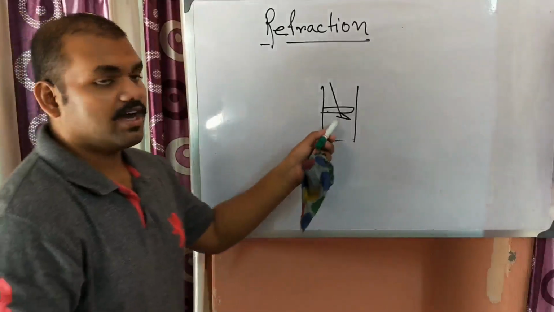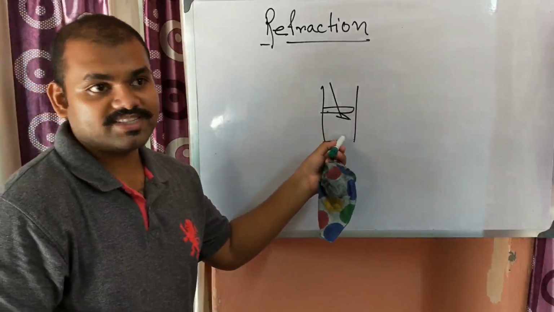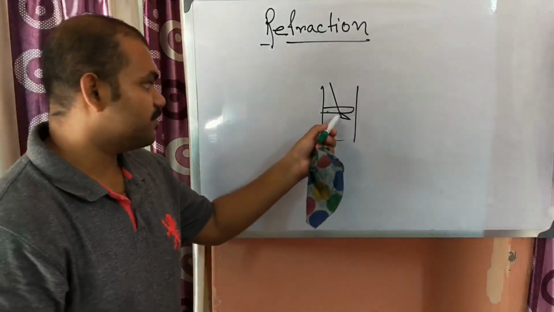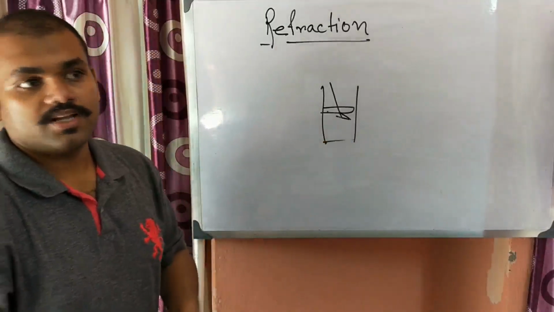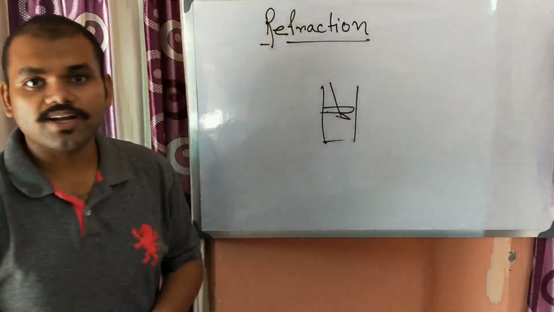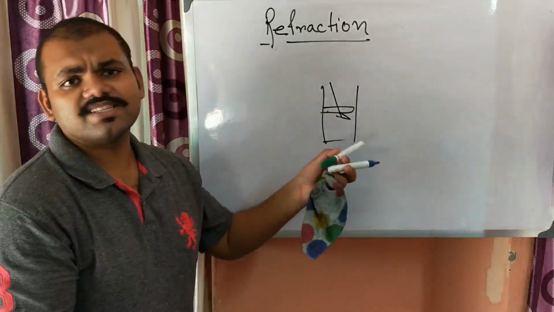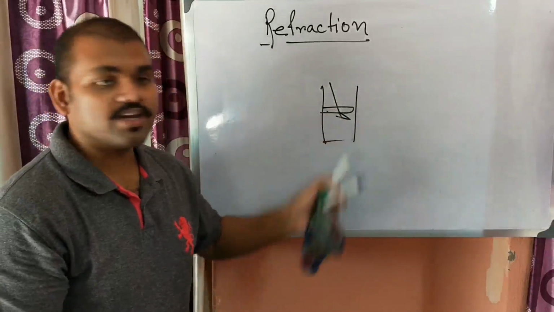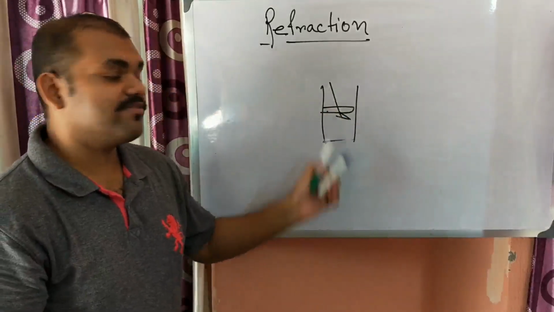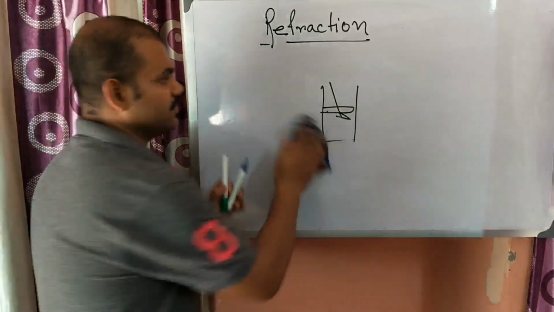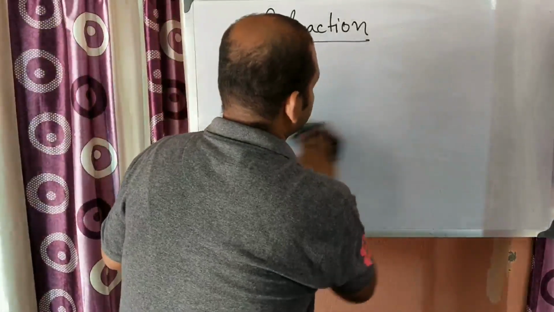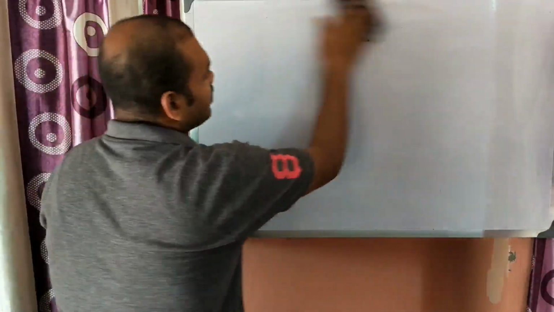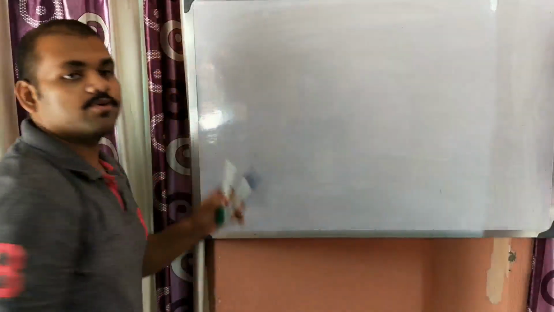The pencil is bent from this portion, but if you take it out from the water, then you will see the pencil is straight. So is the pencil actually bent? No, but due to the refraction phenomenon, it appears bent. In higher classes, in class 8, we will discuss this refraction.